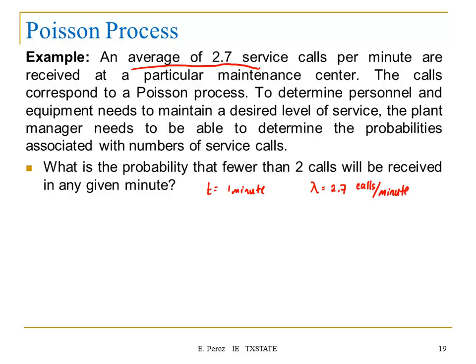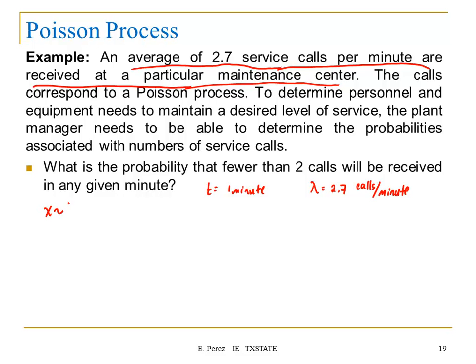So the average of 2.7 service calls per minute are received at a particular maintenance center. So we're going to use that expected value, and we're going to use the time unit to compute the probability that fewer than 2 calls will be received in any given minute.